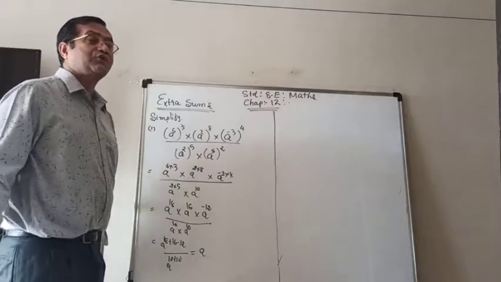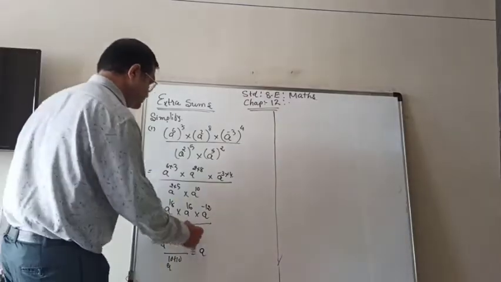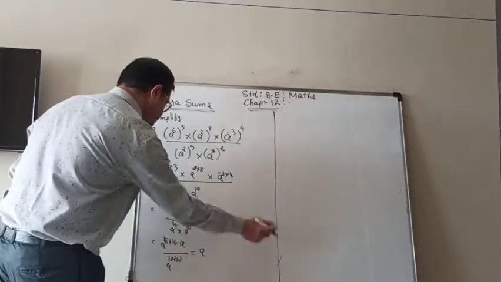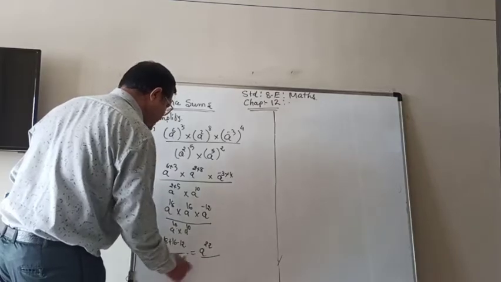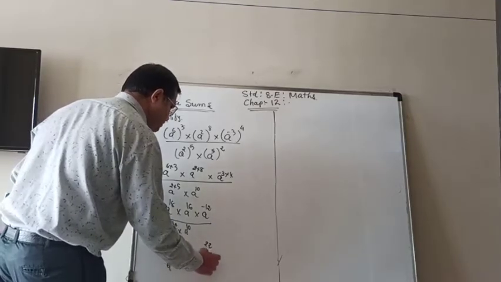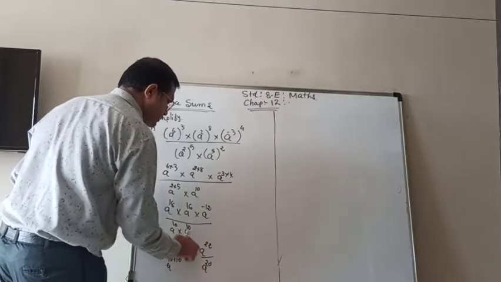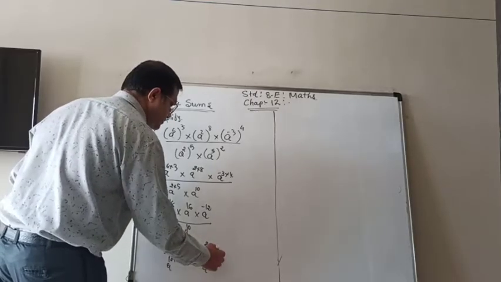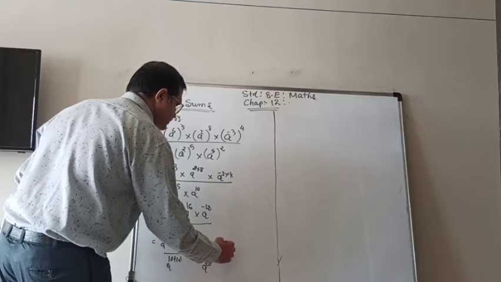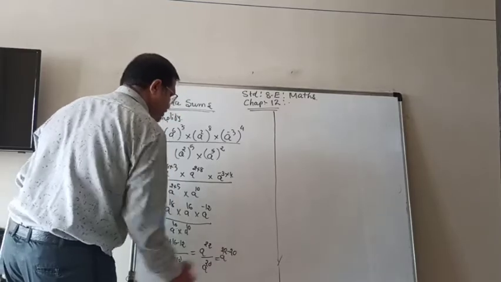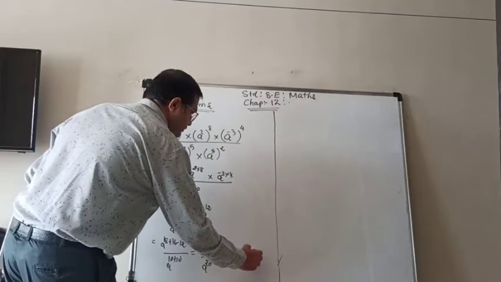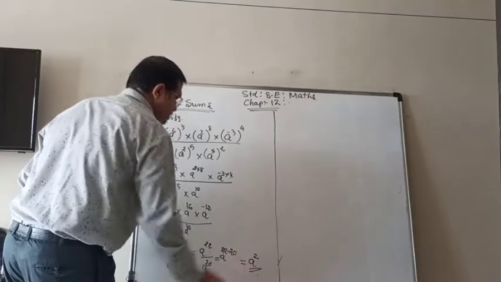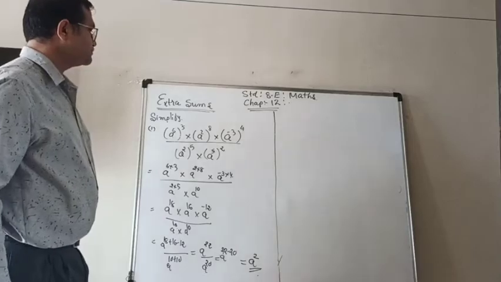So 18 plus 4 is 22. Divided by a raised to 20. Now again, division and same base, so powers are subtracted. 22 minus 20, and the final answer is a square.